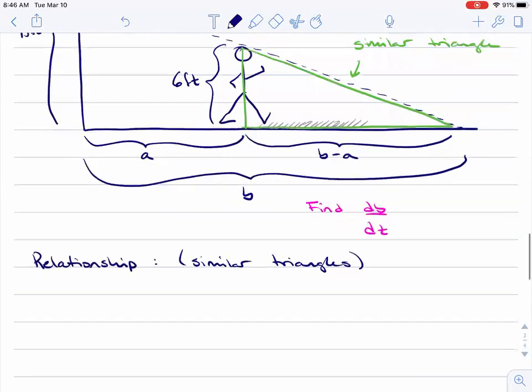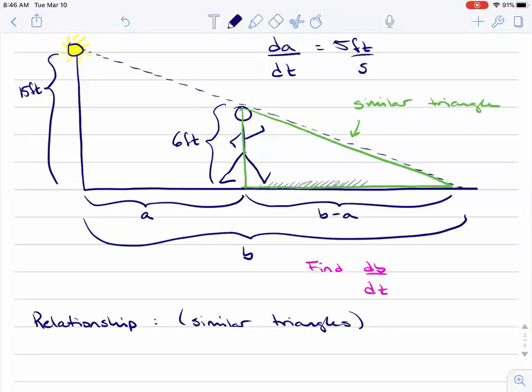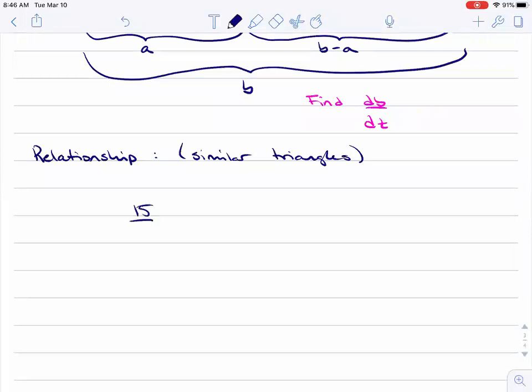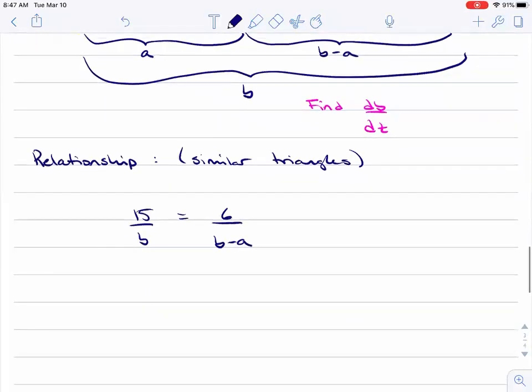The key is that 15 is to B as 6 is to B minus A. And if the goal is finding dB dt, and I know dA dt, then that's a pretty good relationship to have.